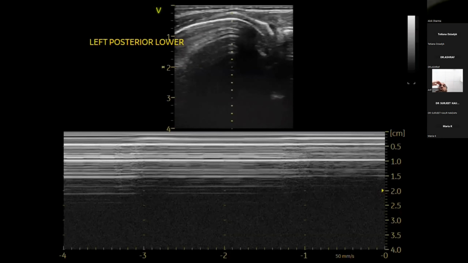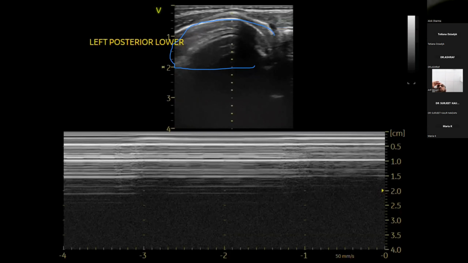So I'm just going to draw on this so that everybody can understand. So really what you've got here is the pleura, which is sliding. Now, at the moment, the frequency you're using is giving you a very good overview of the superficial part of the lung, but you're losing the deeper part of the lung.